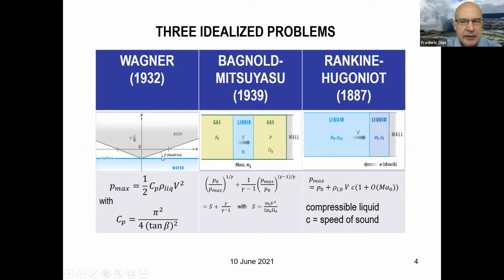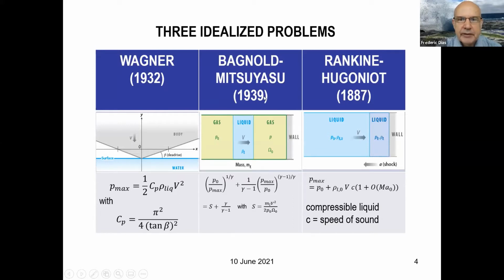Beta is the dead rise angle between the solid boundary and the free surface, and V is the velocity at which the body goes down. Then the estimate that Wagner got in 1932 for the maximum pressure is 1/2 coefficient Cp, which is defined here. As you see, when the angle beta goes to 0, this becomes very large. And then times the density of the liquid, here water, times this velocity squared.